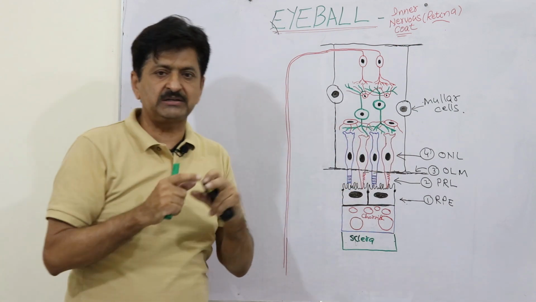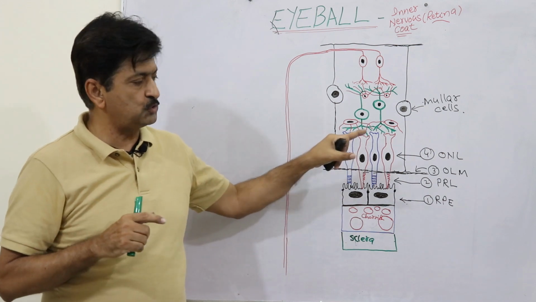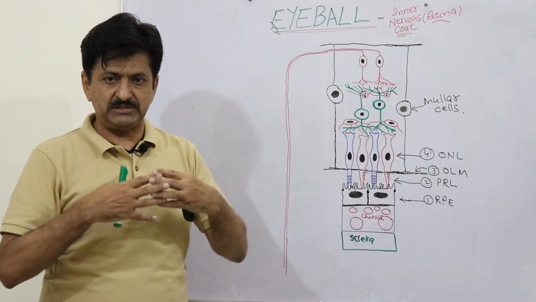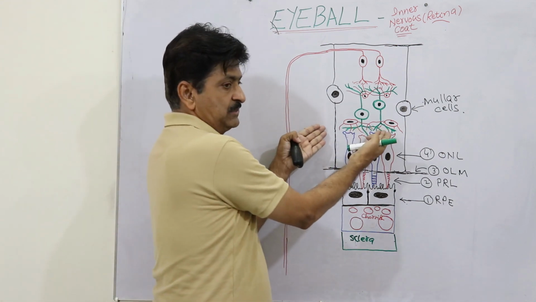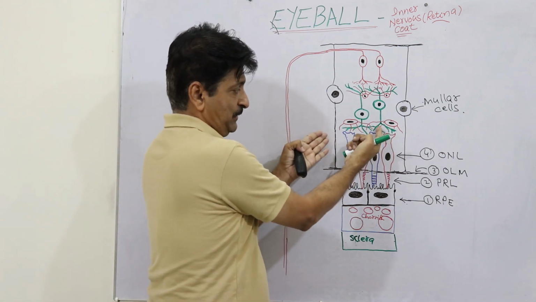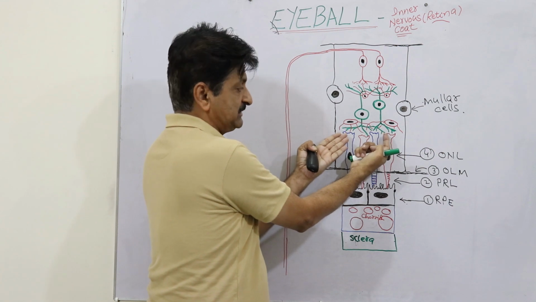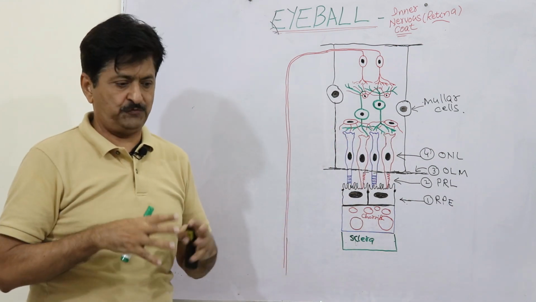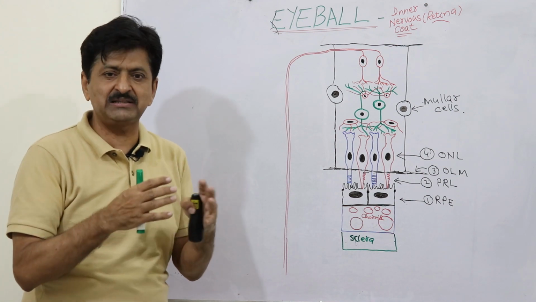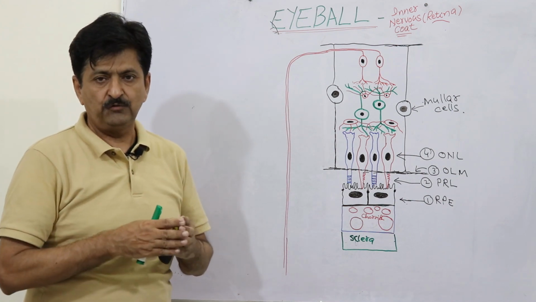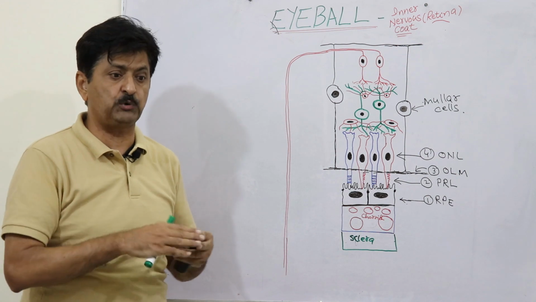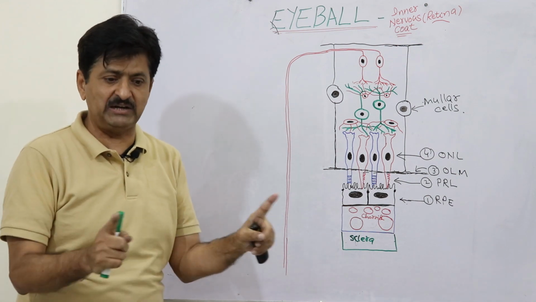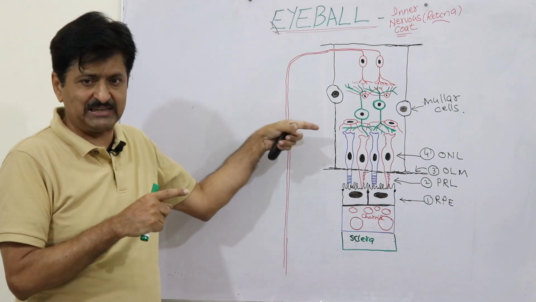That area is right in this area. You will be watching that there are synapses here. And in these areas, we have the dendrites of the bipolar cells and the synaptic terminals of the rods and cones. So, to regulate that area, to modify this impulse transmission from the rods and cones to the bipolars, another type of cells are located here, which will regulate this transmission.